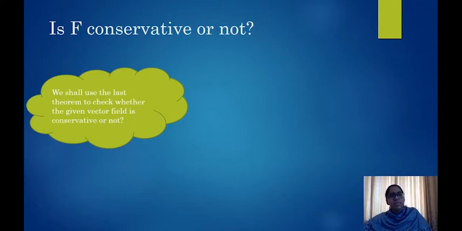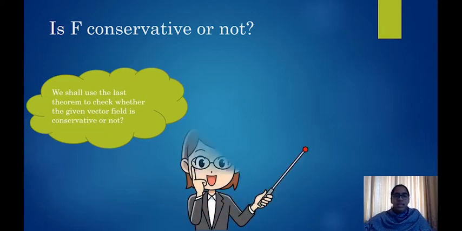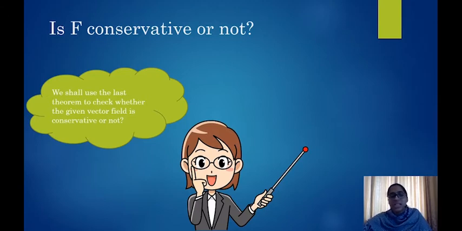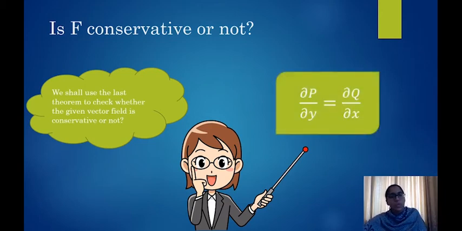This is the problem. If we are asked to determine whether the vector field is conservative or not, we shall be using the last theorem. We know that if we are given F equal to Pi plus Qj, we just have to check whether ∂P/∂y is equal to ∂Q/∂x.